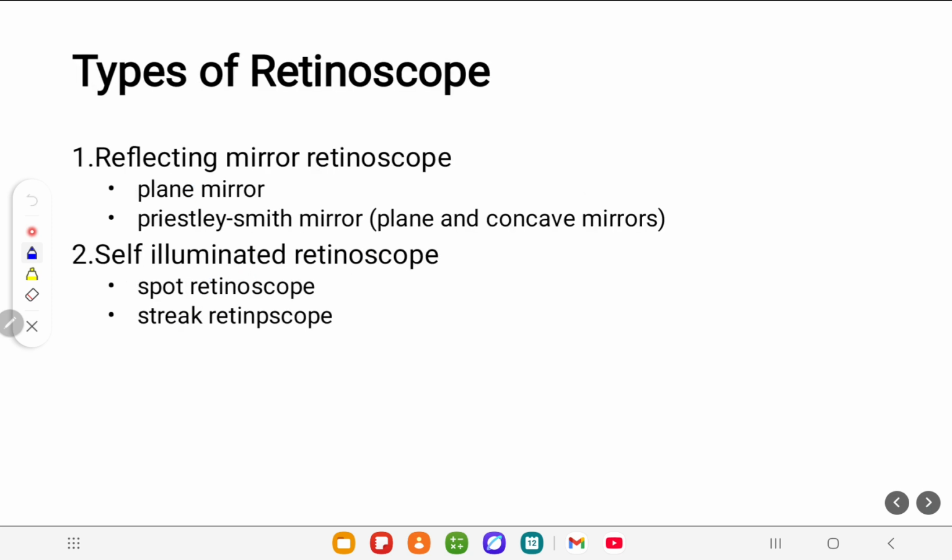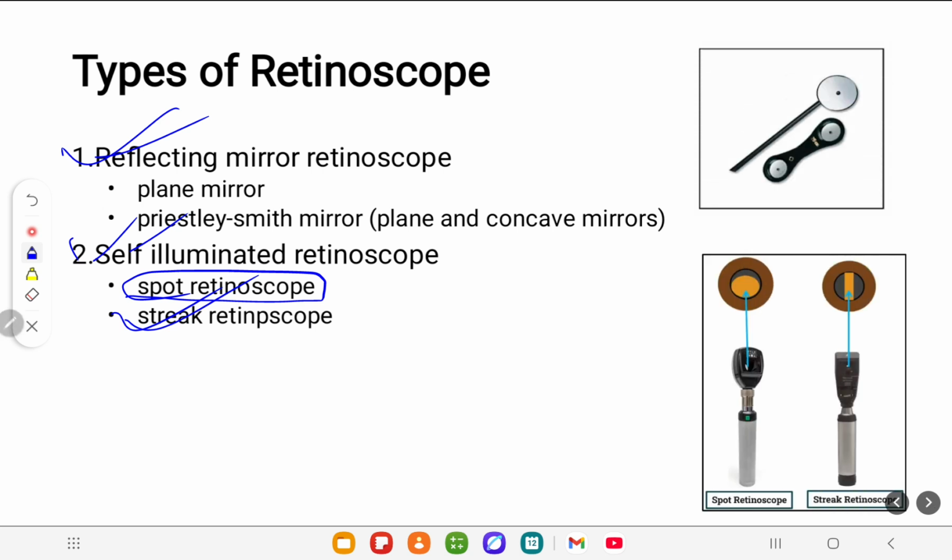Types of retinoscope: basically the reflecting mirror retinoscope, which is a plane mirror, used for old historical purposes. Now there are the modern self-illuminated retinoscopes. I have never used a spot retinoscope. Streak retinoscope is very, very useful, and that's the modern retinoscope we are using currently.